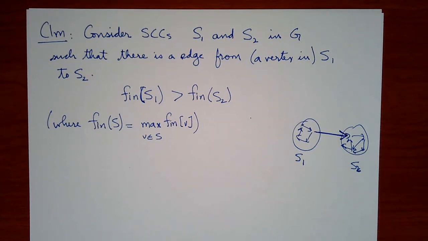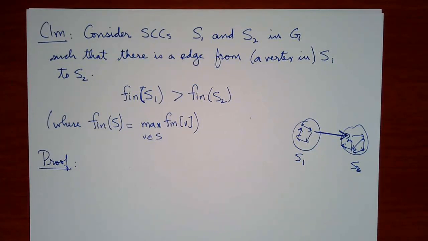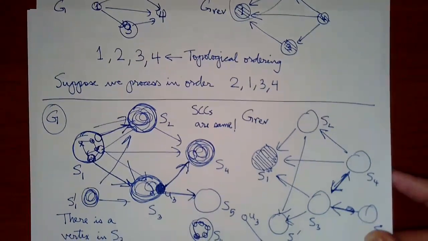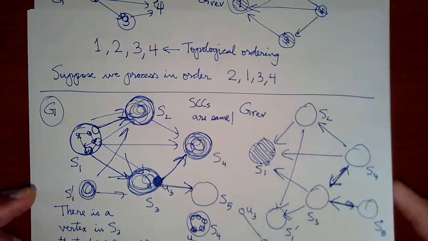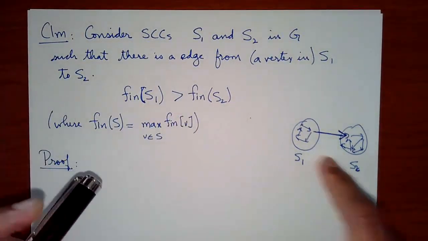All right. So let me sketch out the proof. Is this clear? Do you see that this captures the argument that we were discussing earlier? This is capturing this argument here. Remember, all it's saying is in terms of finish times. It's just saying that the maximum finish time in one is more than the maximum finish time of the other.